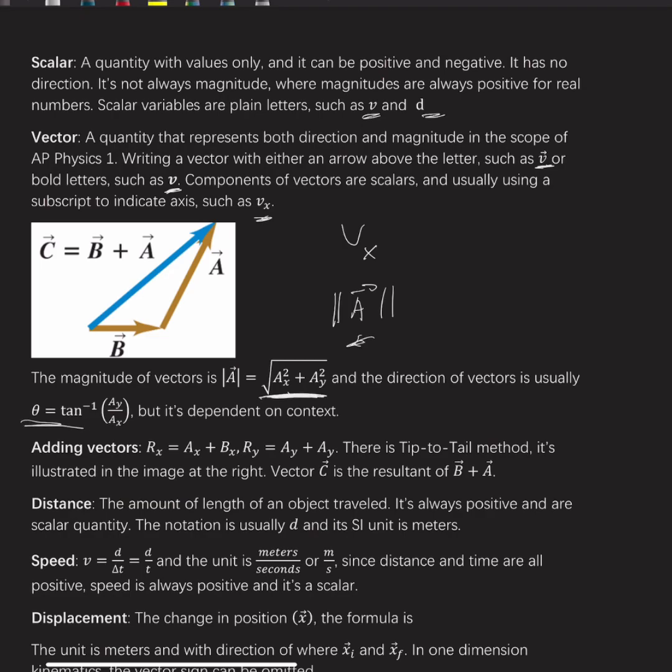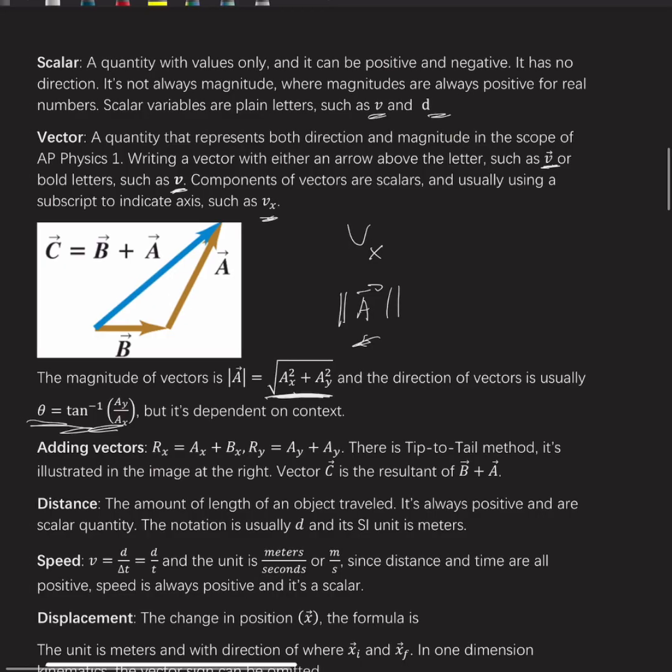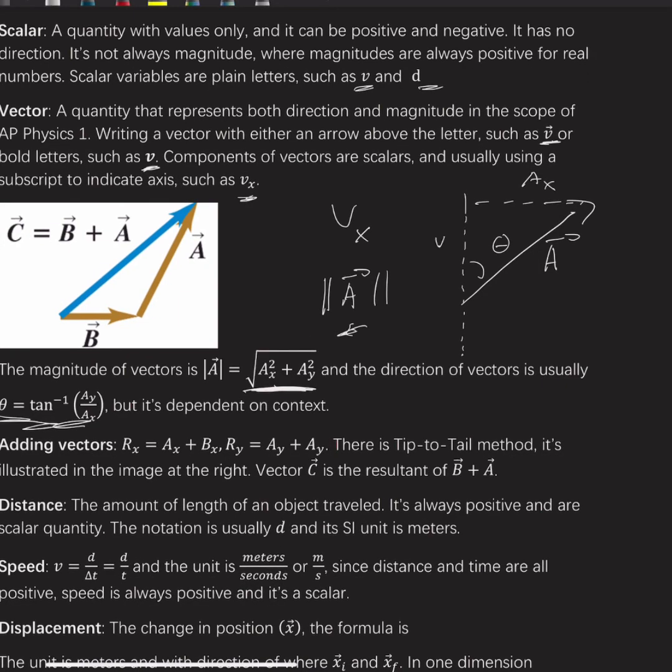And theta is usually the arctangent of y over x, but make sure to draw a diagram of your vectors. For example, it may look something like this. The theta is given like this. Say that's vector A, this is vector A_x, and this is vector A_y.